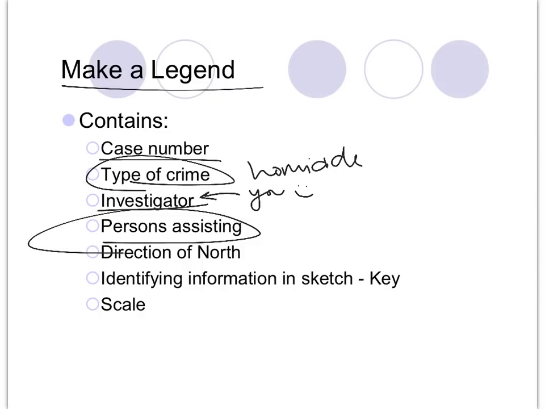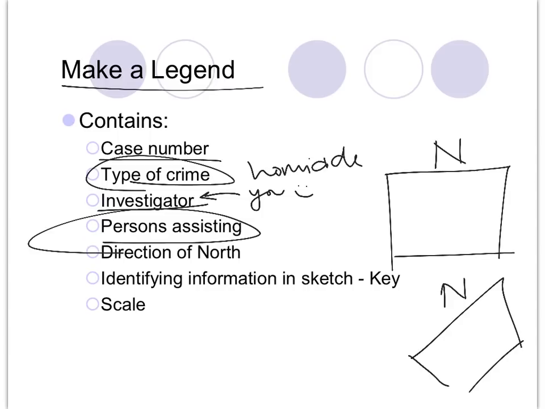The direction of north, so you need to indicate where north is, and remember that when you're drawing your crime scene, you always want to make north at the top of your paper. So if that means that your picture is going to be at an angle, that's okay. North should always be at the top, okay? Identifying information, so that would be a key. So let's say you have a murder victim here, you have a weapon here, you have fingerprints here, and you have footprints here.